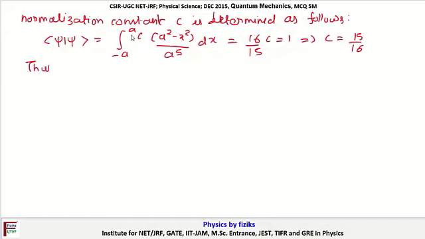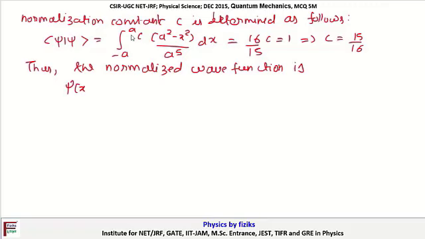Thus, the normalized wave function is psi of x is equal to root 15 by 16 a to the power 5 times a square minus x square.